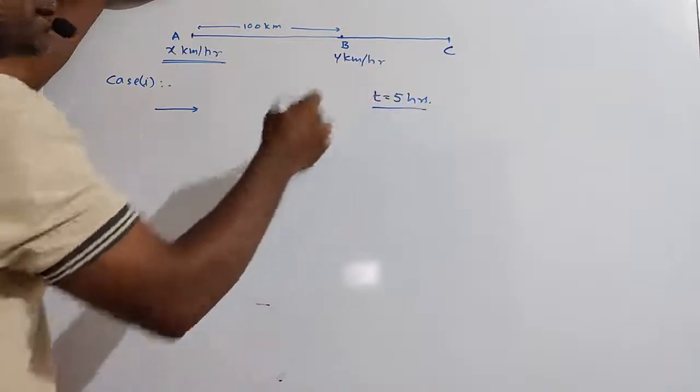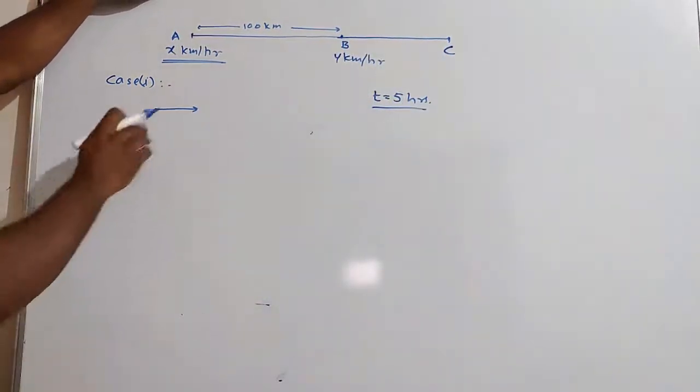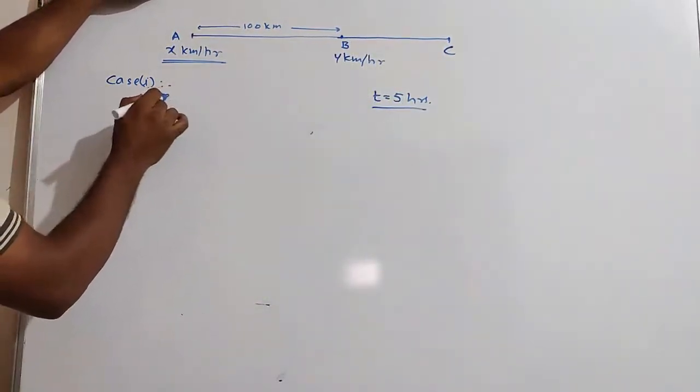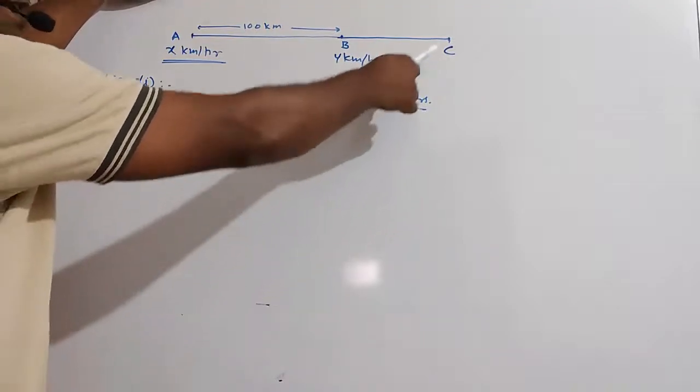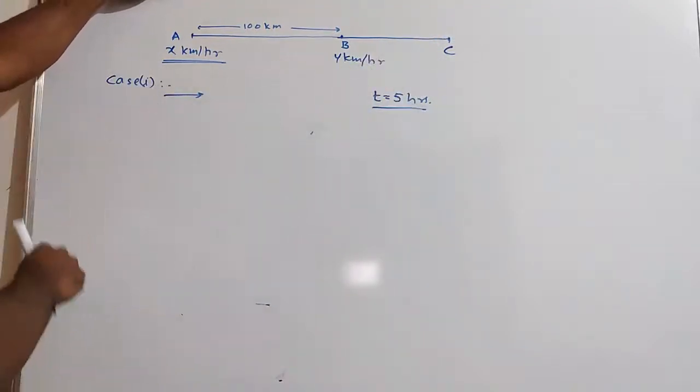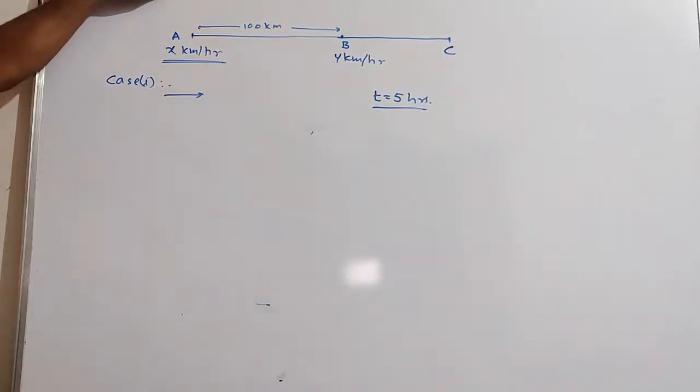After 5 hours they will meet each other. So this is the first case where they travel in the same direction with a different speed, and they will meet at point C after 5 hours. This is case 1.